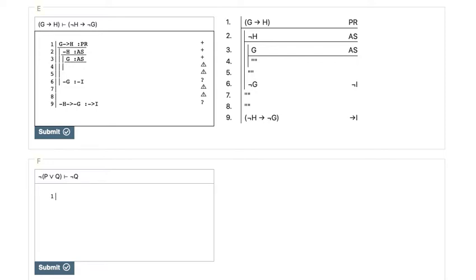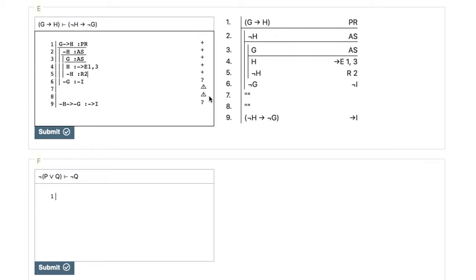Well, looking at what we have on lines 1 through 3, you notice line 1 and 3 actually work together. We can get H by arrow elimination, 1 and 3. Staying in that subproof inside the subproof, we can get not H by repetition of line 2.